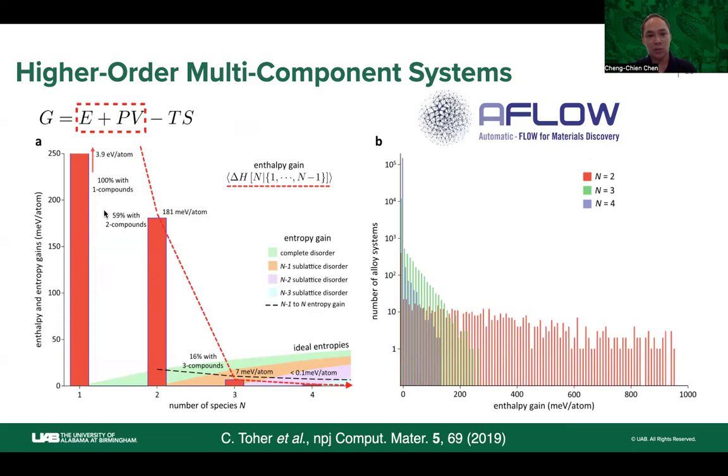So they compute the corresponding entropy gain by forming, for example, higher order compounds using the corresponding binary or ternary or monoatomic materials. And what they found is that the entropy gain you get when going to higher order, especially above quaternary compounds, becomes almost zero.